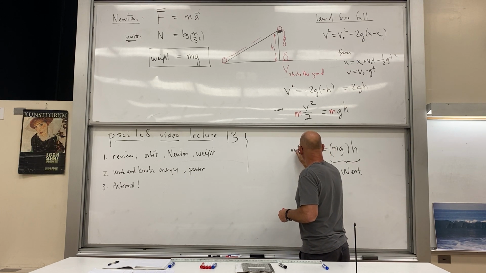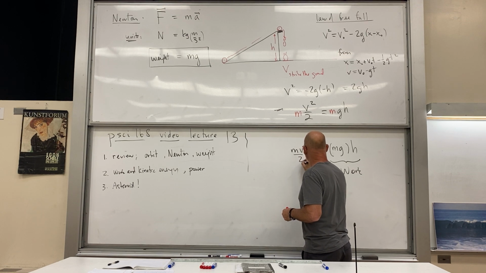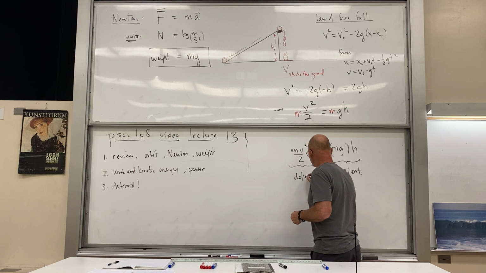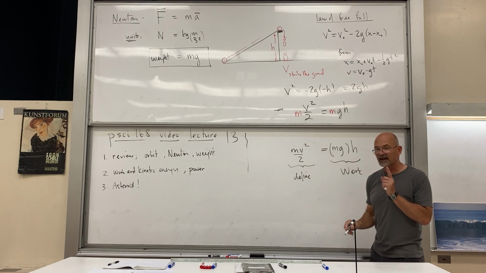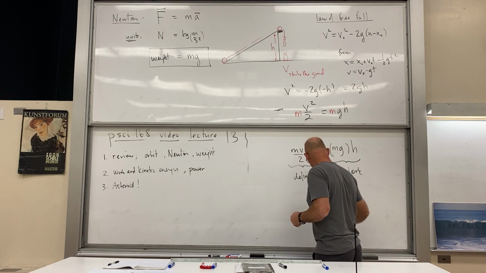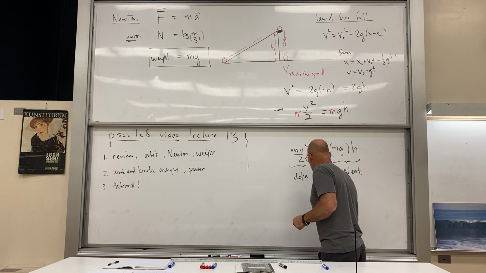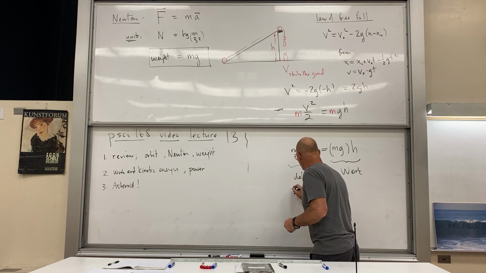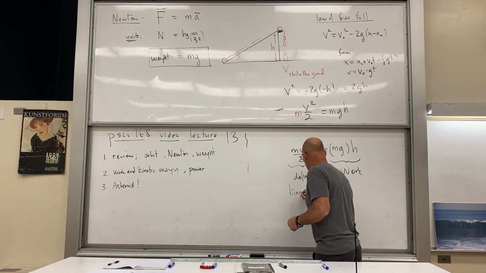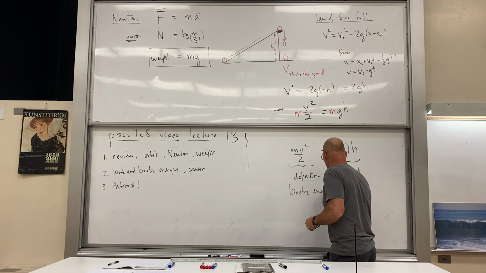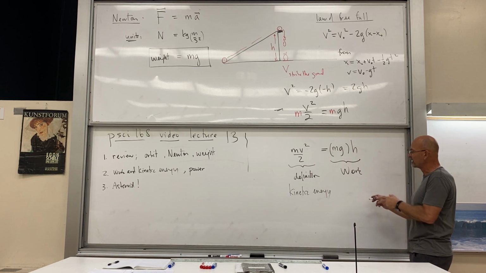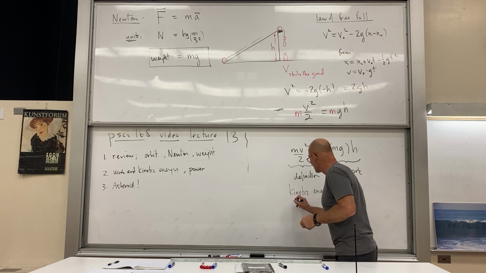This m v squared divided by 2 is defined as, I'm just going to write defined because we haven't seen it before yet, definition, kinetic energy. Remember we said work is the capacity, energy is capacity to do work. We call this thing the kinetic energy, KE.